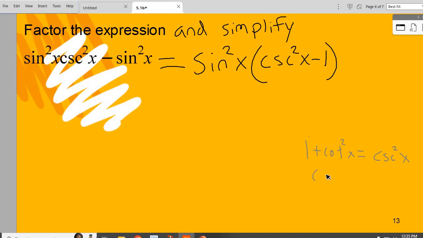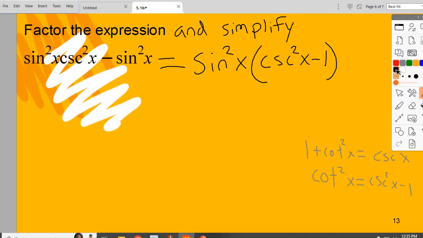Subtract the 1, so we get cotangent squared equals cosecant squared of x minus 1. Does that look vaguely familiar? Hopefully so. That's what we have in our parentheses, yeah? So what can we substitute in for our parentheses then?